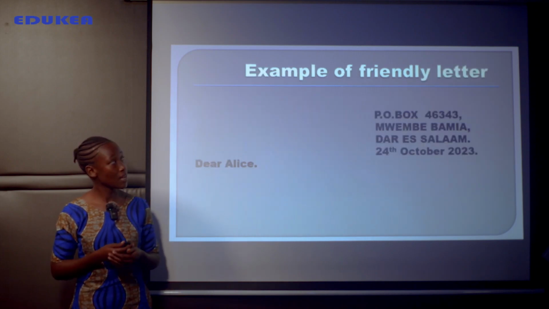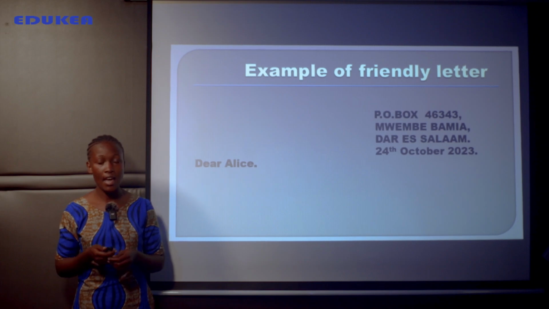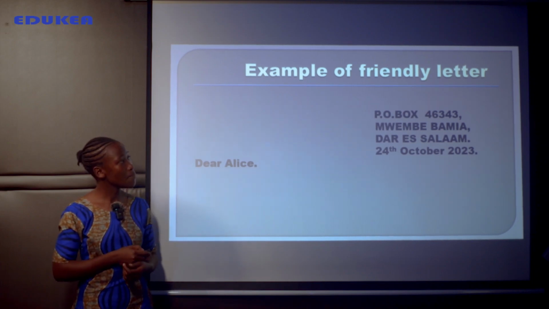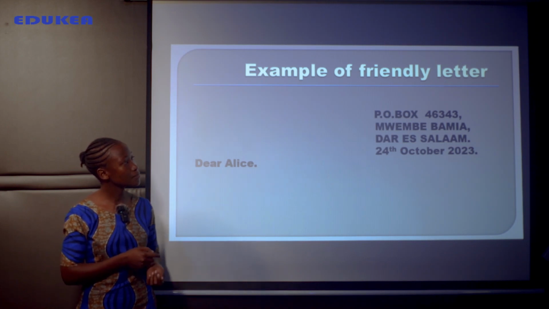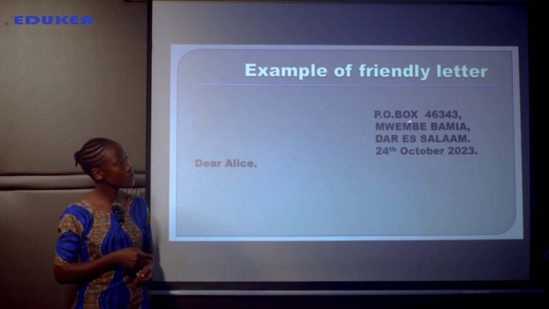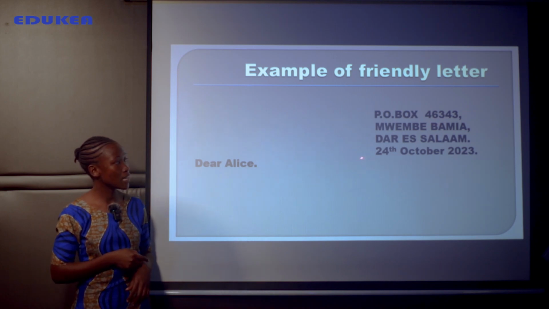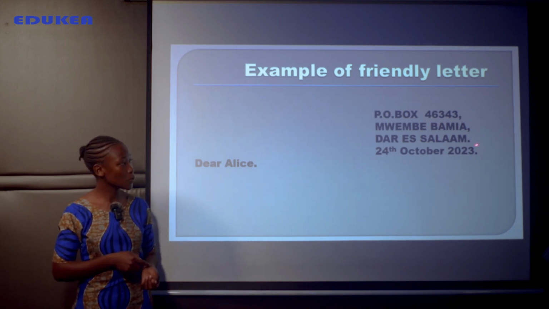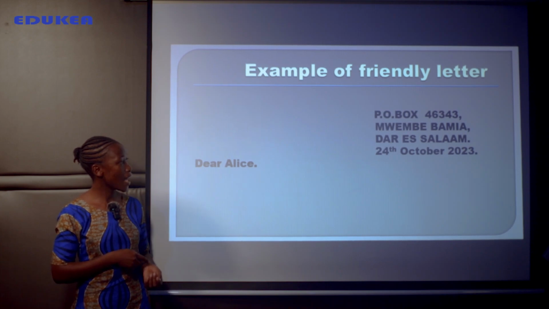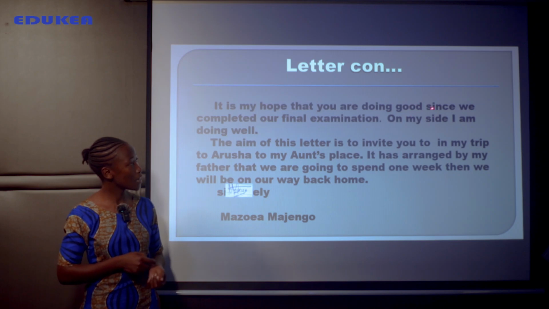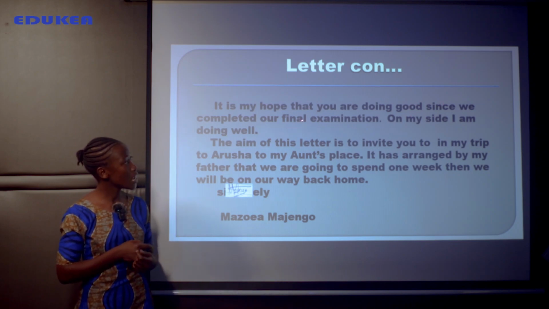For example, here is an example. PO Box 46343 Mwembe Bamia, Dar es Salaam, 24th October 2023. Dear Alice, it's my hope that you are doing good since we completed our final examination.